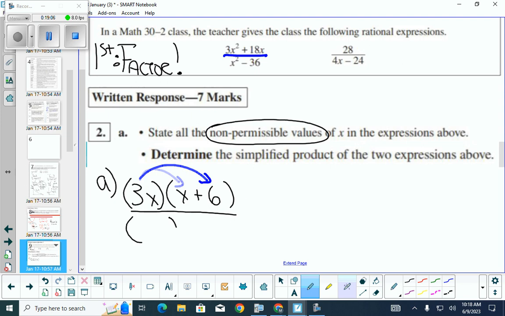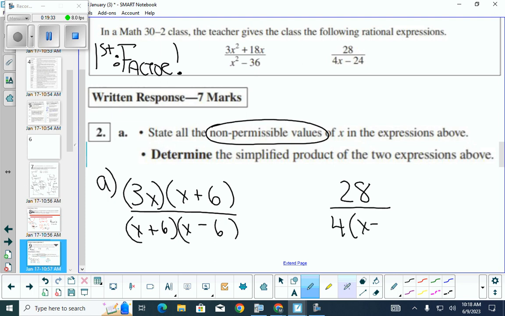The bottom is going to be difference of squares. So x times x, 6 times 6, and then what do? Plus minus. For the other one, there's nothing I can do with 28. It's just fine. What can I do with the 4x and the 24? Take out a 4. So I'm left with x minus 6.